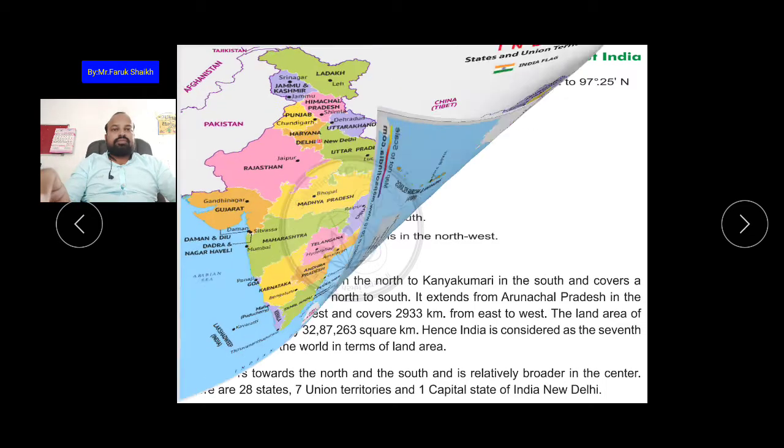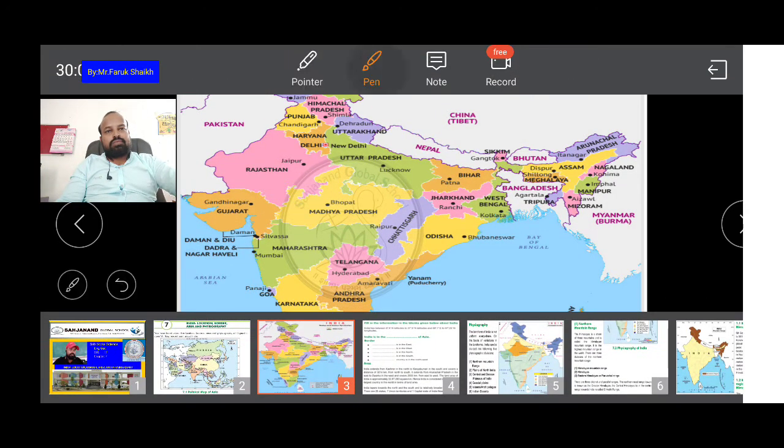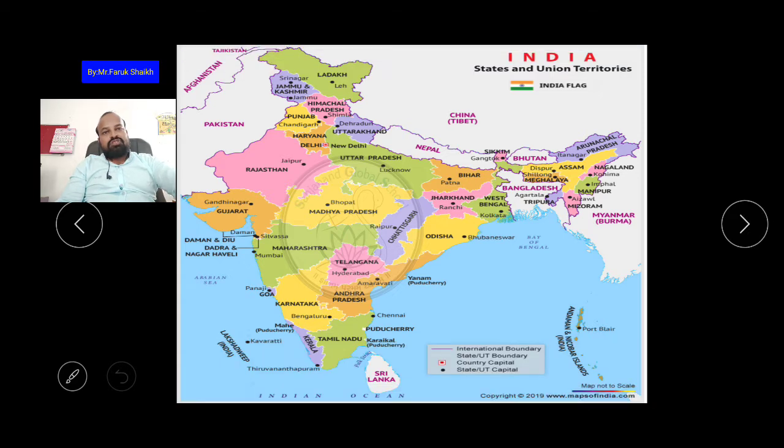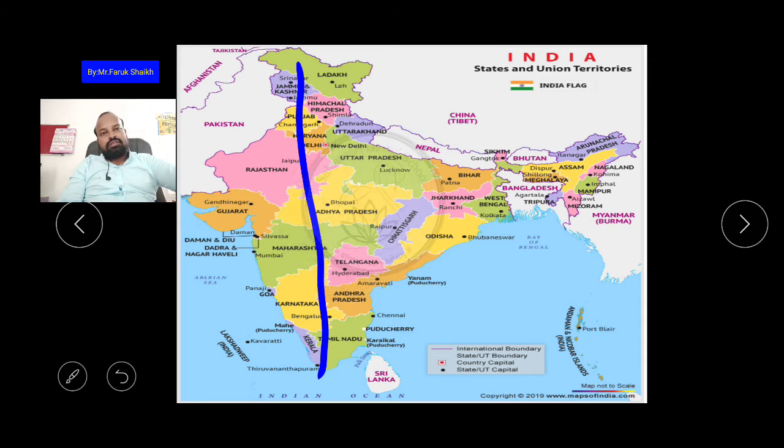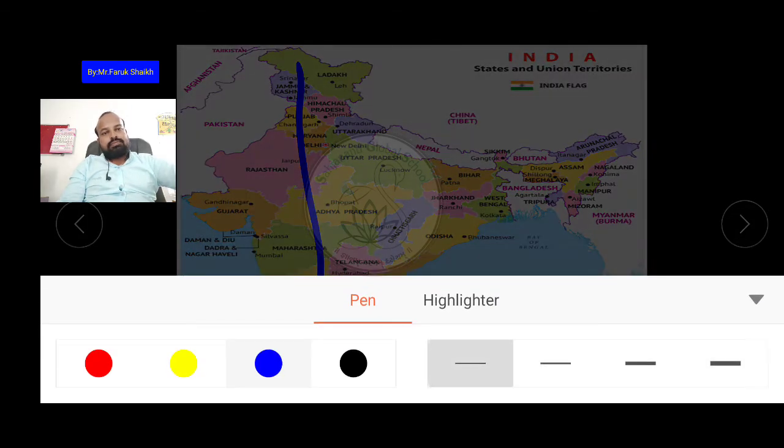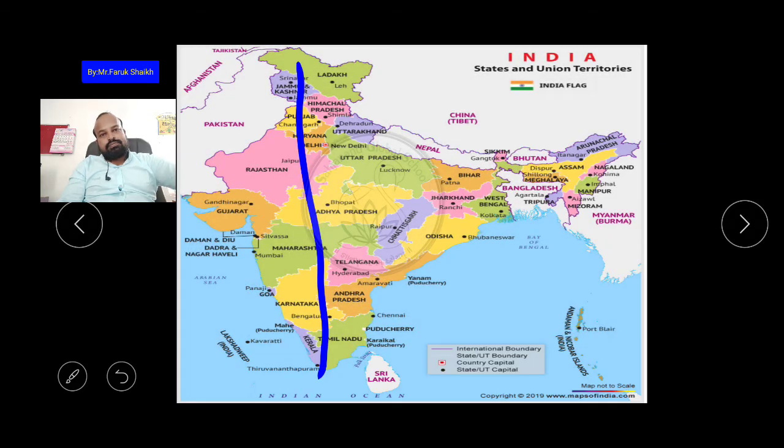Let us see. Okay, so it starts from Kashmir. Here is Kashmir, and this is Kerala. This is Kanyakumari. So what is the total distance? It is 3214 kilometers.